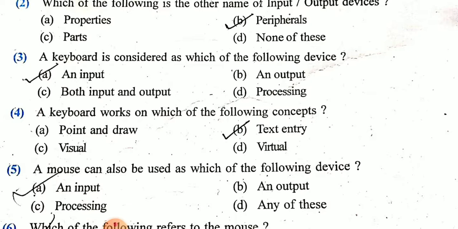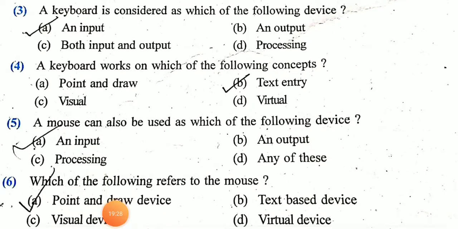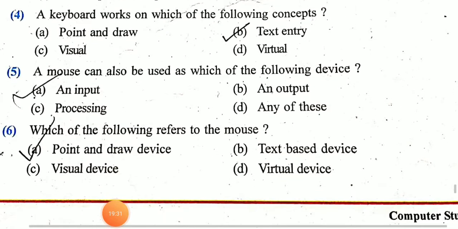Now question number 4. A keyboard works on which of the following concepts? A. Point and draw. B. Text entry. C. Visual. D. Virtual. So here the keyboard works on the text entry concept, so your answer will be text entry. Now the fifth question.